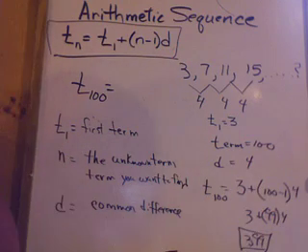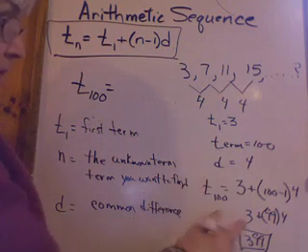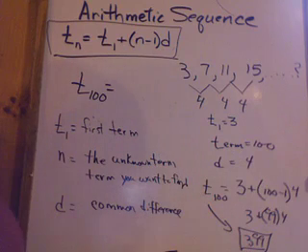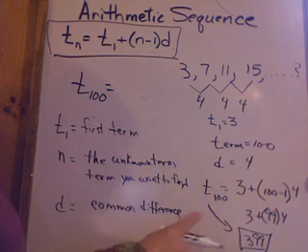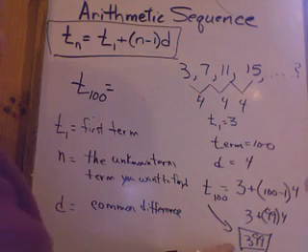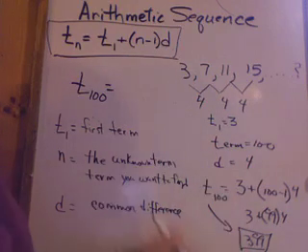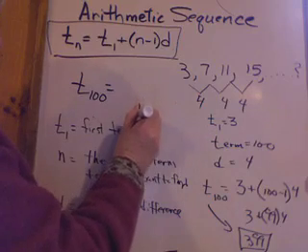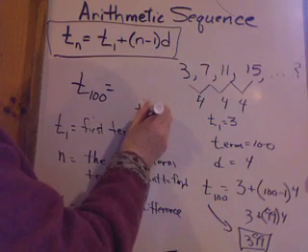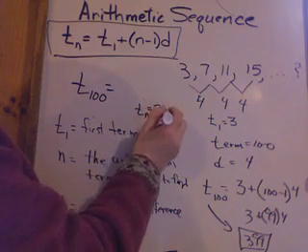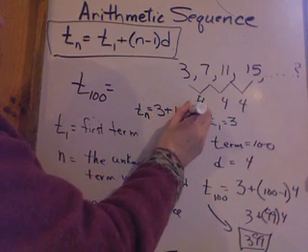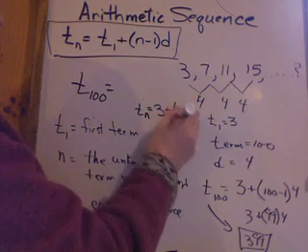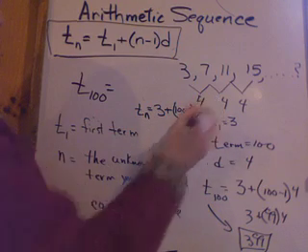Now, the interesting thing is, I can write it that way to find a specific answer. Sometimes I want you to write the equation that you use to get that. So, in this particular problem, if I wanted the equation and the answer, the equation would be T sub n equals 3 plus 100 minus n times 4.